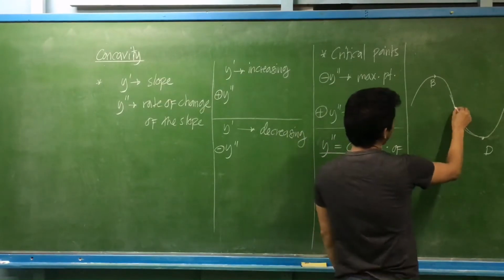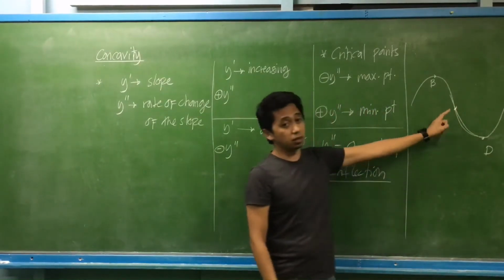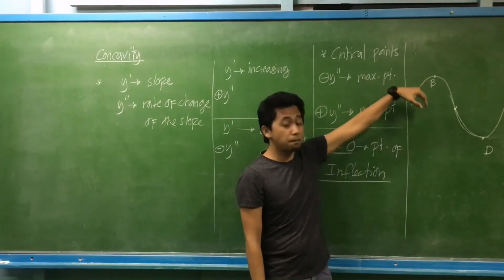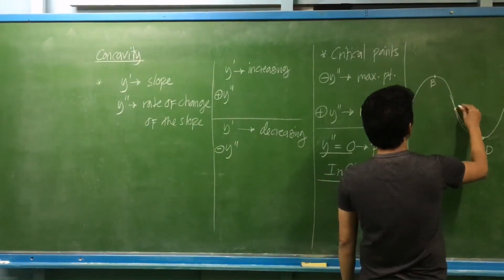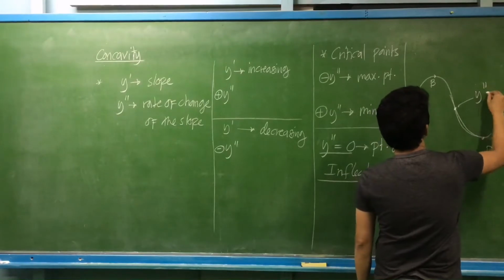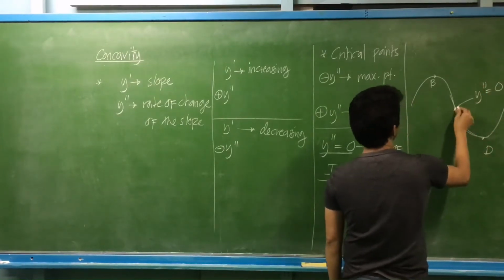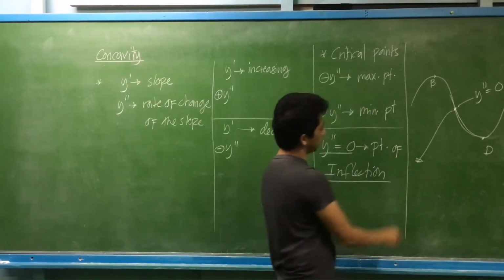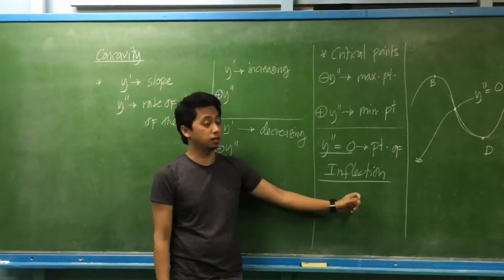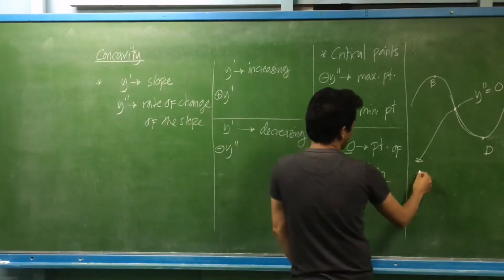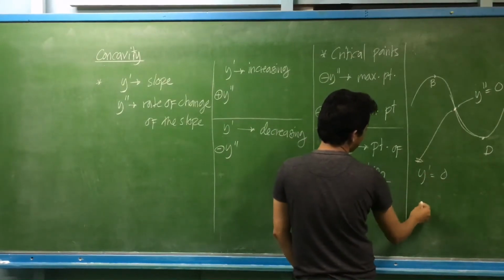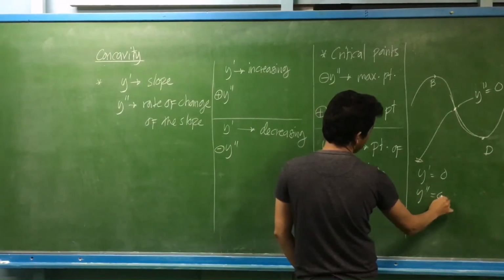So we have a certain point here wherein the concavity changes from downward to upward. So at this point, okay, we have y double prime is equal to 0. So this is what we call the point of inflection.